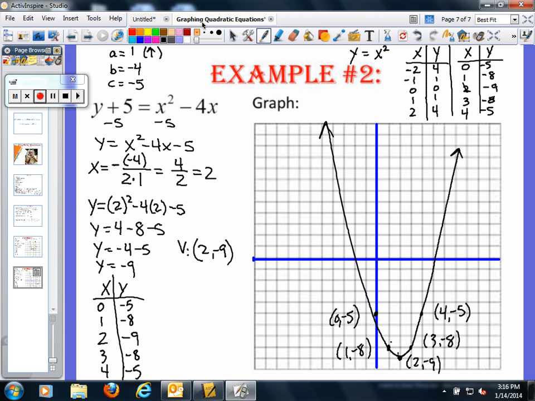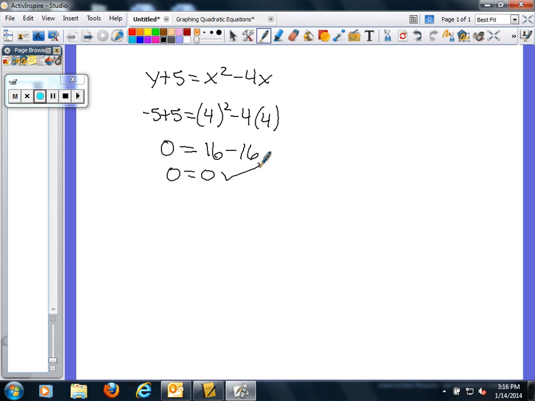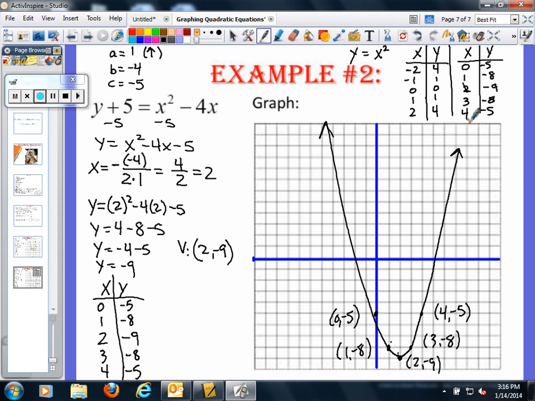Let's plug in 4 for x and -5 for y. So we had -5 plus 5 equals 4 squared minus 4 times 4. This is 0 equals, 4 squared is 16, minus 4 times 4 is 16, and you get 0 equals 0. So that checks, and that is a solution.